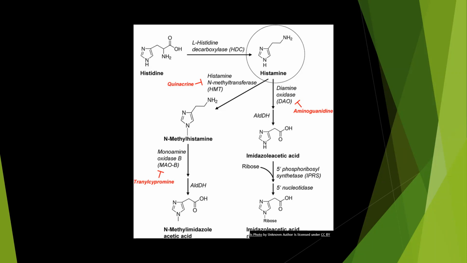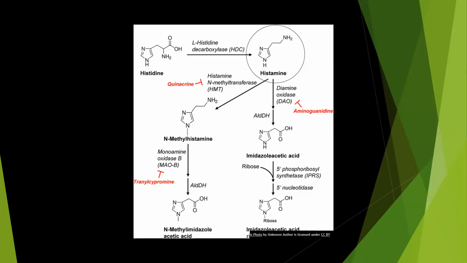I was actually looking up those. For example, quinacrine is similar to quinine, which is used for malaria. Quinacrine is used for different parasites and helminths, but apparently it plays a role in the conversion of histamine to N-methylhistamine.